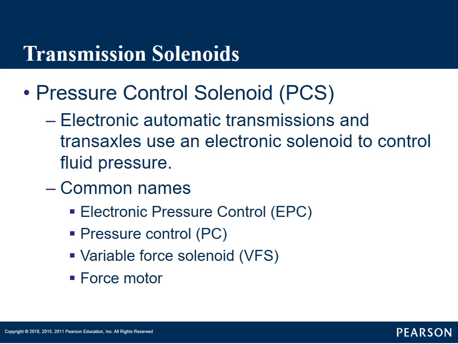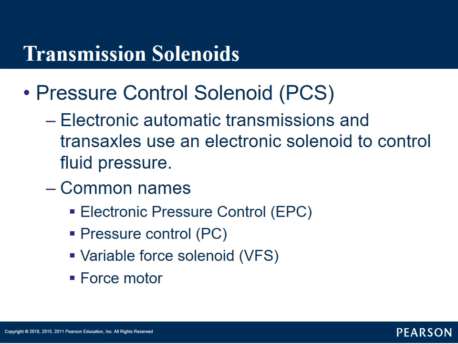Remember, whether it's an apply or venting solenoid, pressure control solenoids can operate the same way, but they essentially take the place of the spring portion of the regulator. They control how much pressure it takes to overcome that valve, which gives us our mainline pressure.